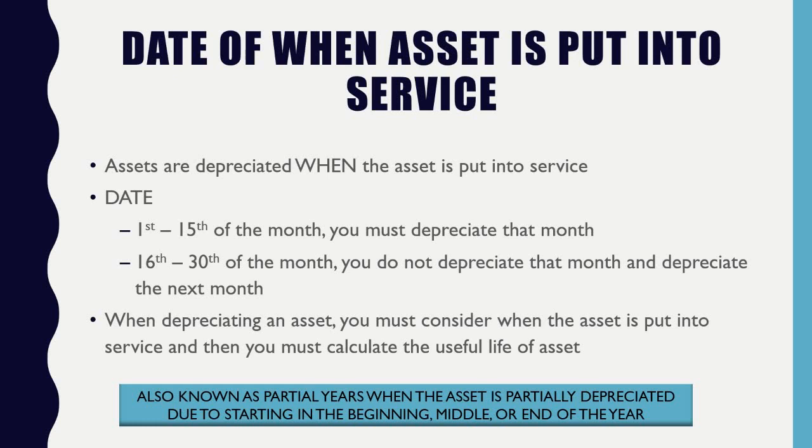So you need to depreciate it because you've used it for that month. You can't say, "Oh, I'm just going to depreciate it the next month," even though you used it at least 75% of the month. So think of it that way. That same idea applies here.